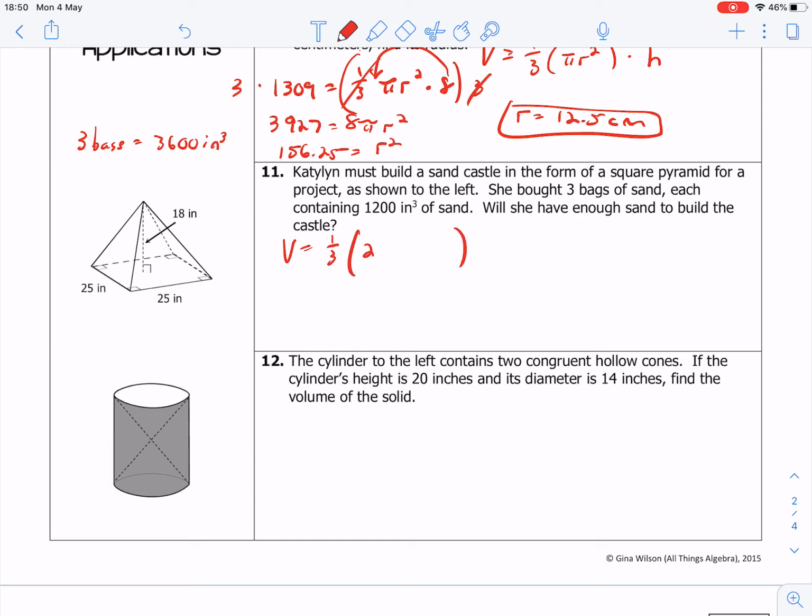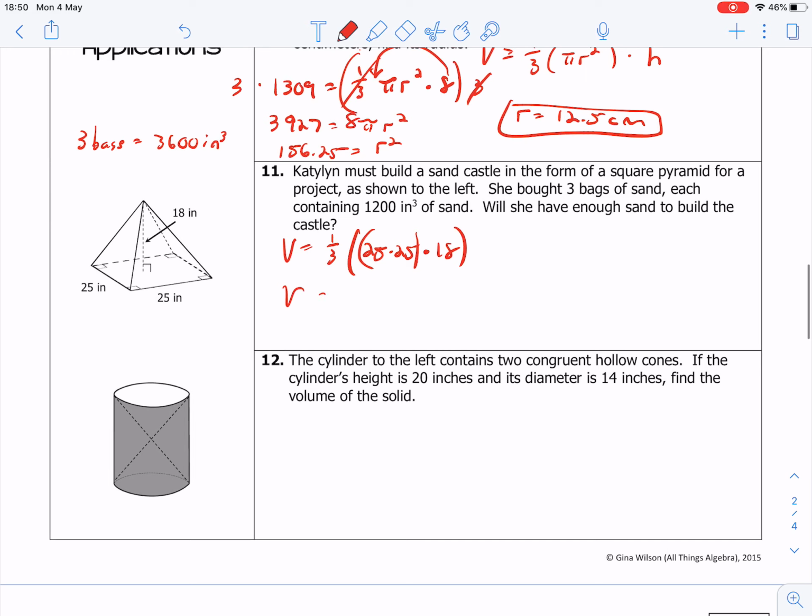So it's going to be 25 times 25 for the base times the height. And that's going to give us 3,750 inches cubed. So to fill up the pyramid, we would need this amount of sand. Does she have enough? No, she doesn't.